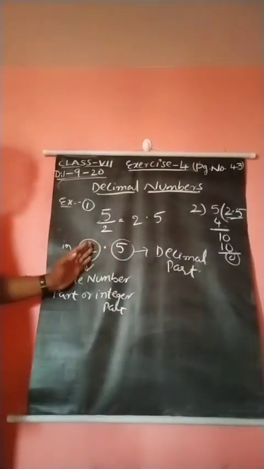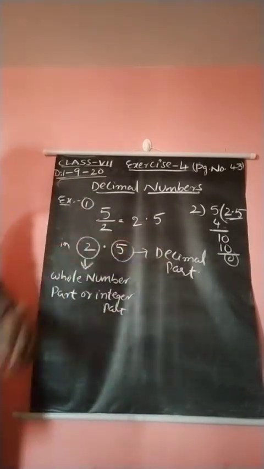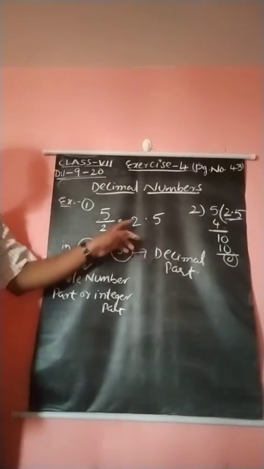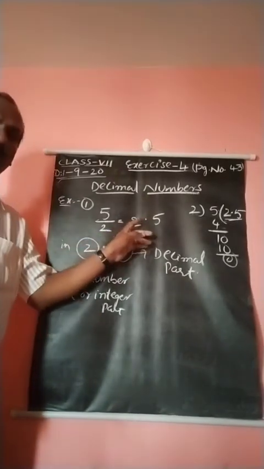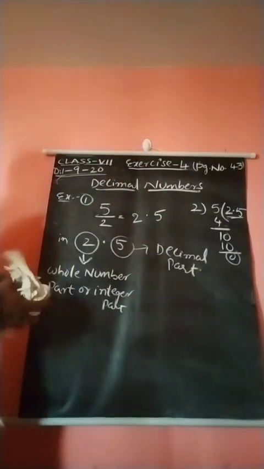So before the point is the whole number part, after the point is the decimal part. This is 2.5, and we read it as 2 point 5.